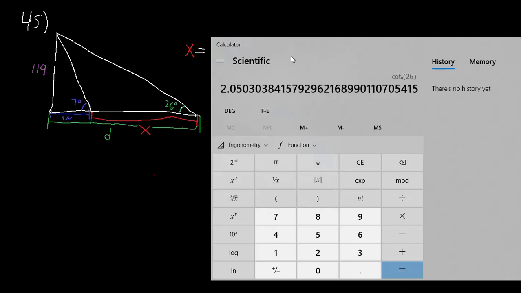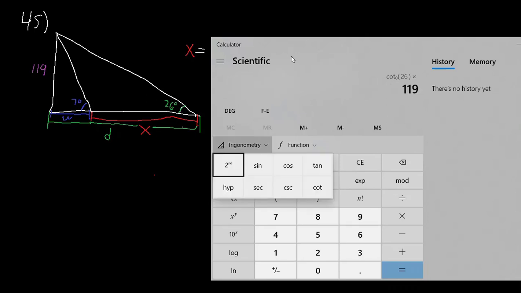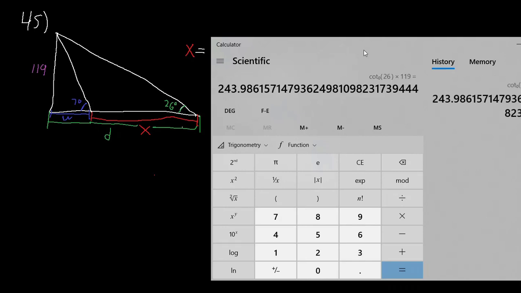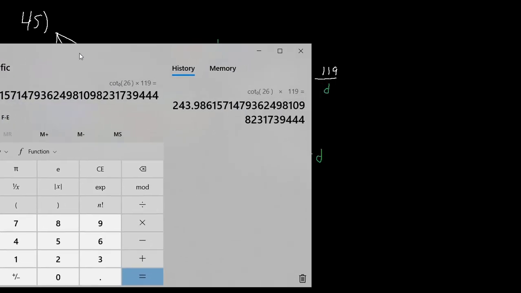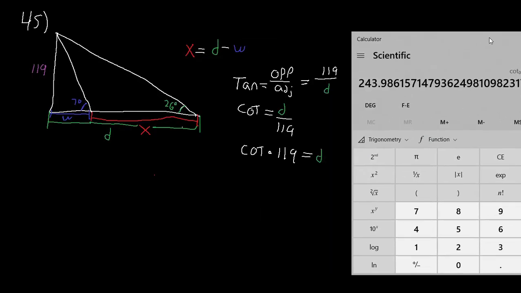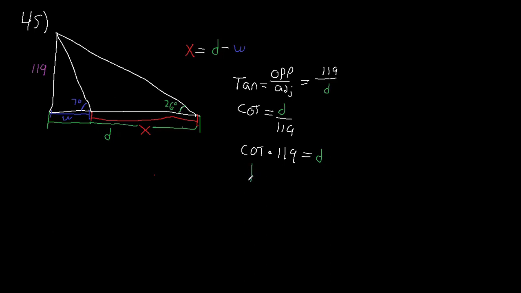Then we multiply that by 119, which is approximately 244. So I'm going to say that D is approximately equal to 244. And that makes sense, our D should be longer.